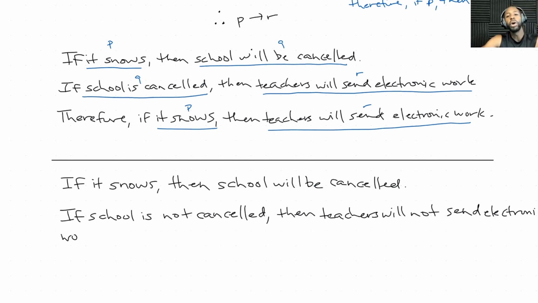Okay. Now, before we try to determine the conclusion, let's do our labeling here. So here's our hypothesis, conclusion. What about this here? If school is not canceled, it's a little different than Q. It's not Q. Okay. And so then you have R here.